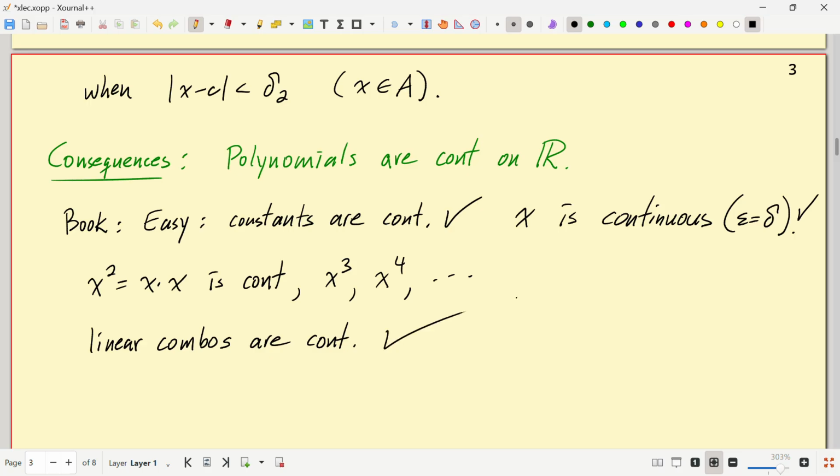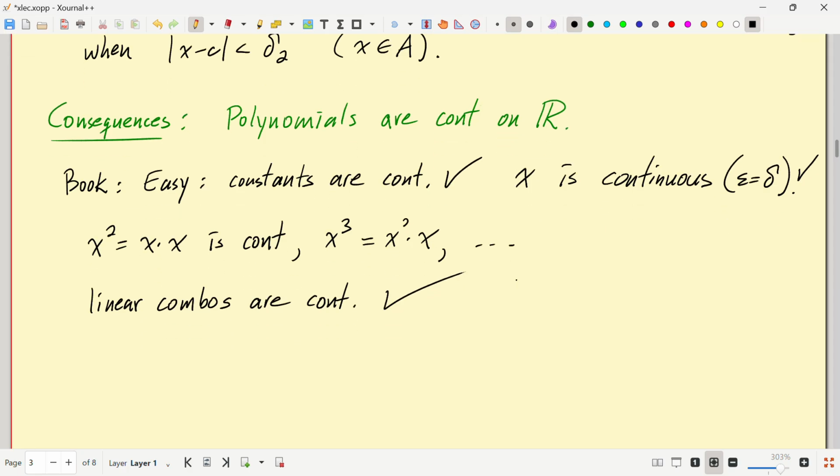So check, that's polynomials. So I know that x cubed would be x squared times x. That's another product of previously shown continuous functions, etc., etc. Anyway, it would be tedious. But polynomials are easily seen to be continuous when you combine x with constants.